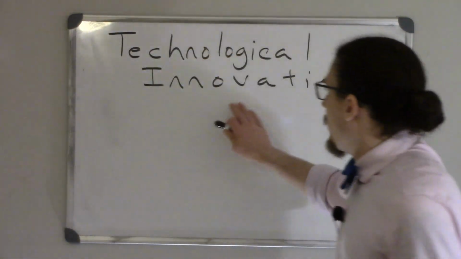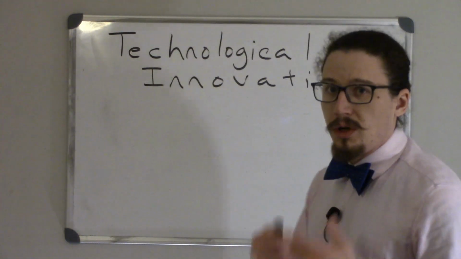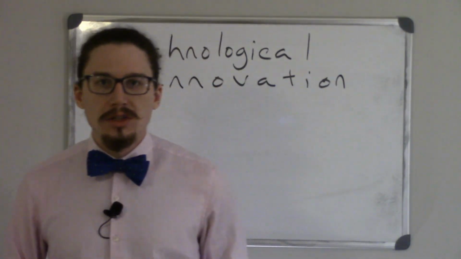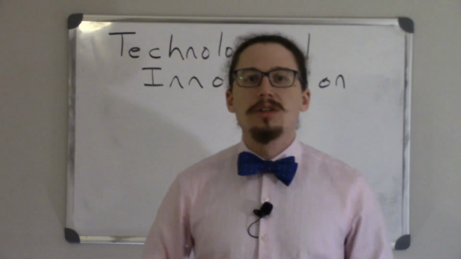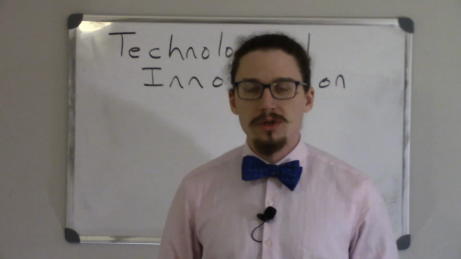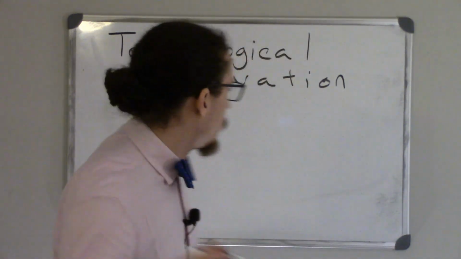All right, so with that in mind, let's go ahead and start looking at this first one, technological innovation. What technological innovation does is it allows producers to be more efficient. It allows producers to produce a good more efficiently.